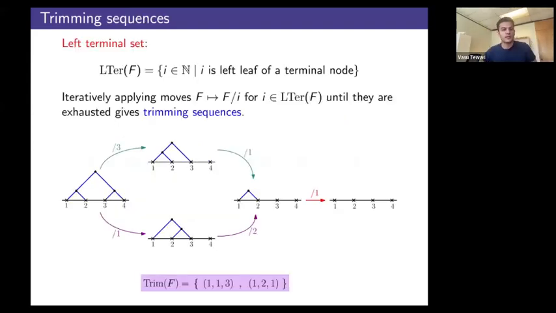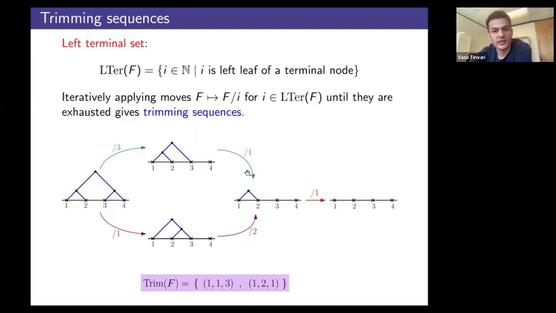Okay. So here's my notion of a descent set. So hand me a forest, any place that I can trim, that's going to be the left terminal set. And then starting from any forest, I can perform a sequence of these trimming operations and obtain the empty forest.